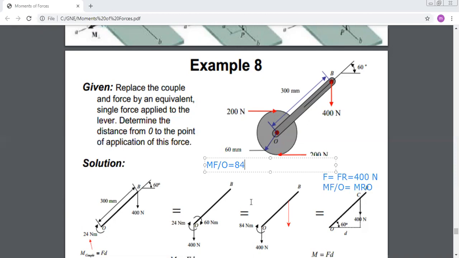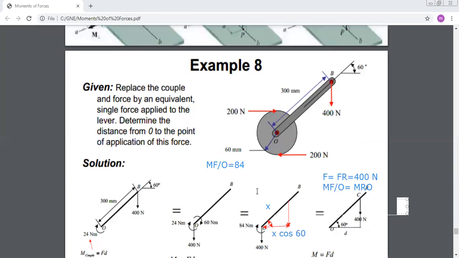Now, what is the moment of this force about O? It is the projected distance times the force. Since this angle is 60 degrees, and I want to find the distance x I should displace the force with, I will express my moment as a function of x. The projected distance is x cosine 60.